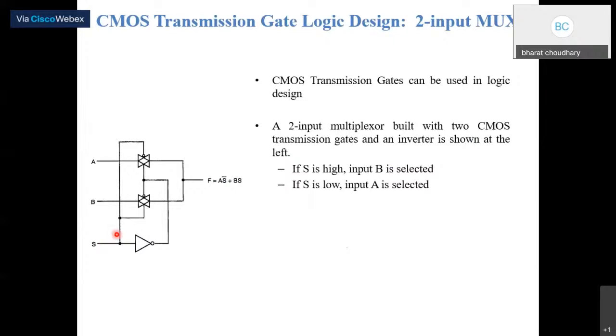If S is low, this transmission gate will be on, which means it will pass the input A. And if S is high, it will be complemented, so here it will be low, and this other transmission gate will be on, which means B will be directly connected to the output, means B will pass on. So this is the basic functionality of a 2x1 mux.